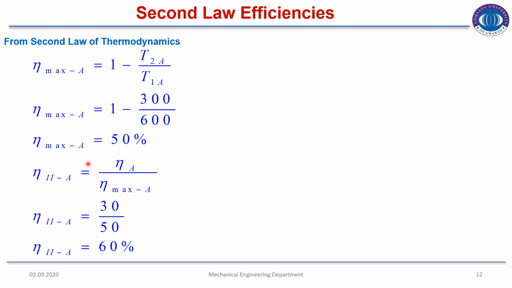Now how to calculate second law efficiency? To calculate second law efficiency, we divide the actual thermal efficiency by the maximum thermal efficiency that can be achieved. So we will divide 30 by 50.